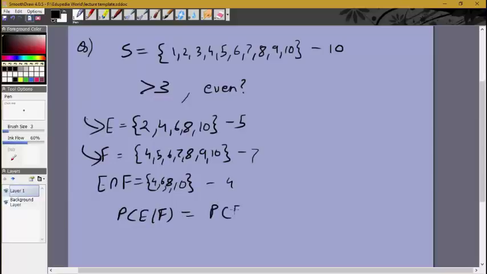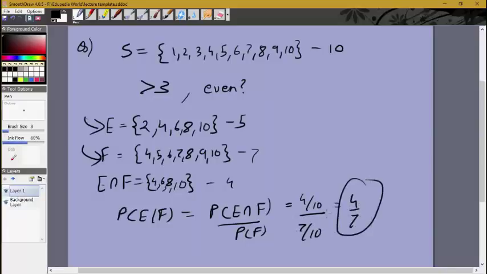So this will be equal to probability of E intersection F by probability of F, which is 4 by 10 by 7 by 10. So this comes out to be 4 by 7. Otherwise the answer would be 1 by 2, 5 by 10. But if we know the number pulled is greater than 3, then there is a 4 by 7 probability that the number will be even.